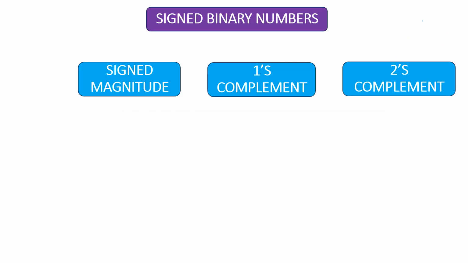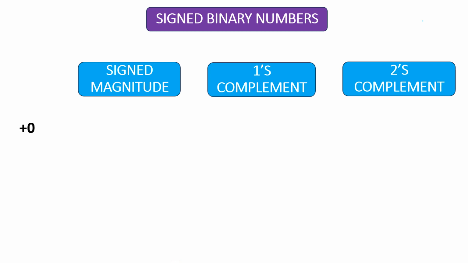Among the sign magnitude system, 1's complement system and 2's complement system, the most commonly used system is the 2's complement system. So let's see why 2's complement is used so efficiently. Let's take an example.